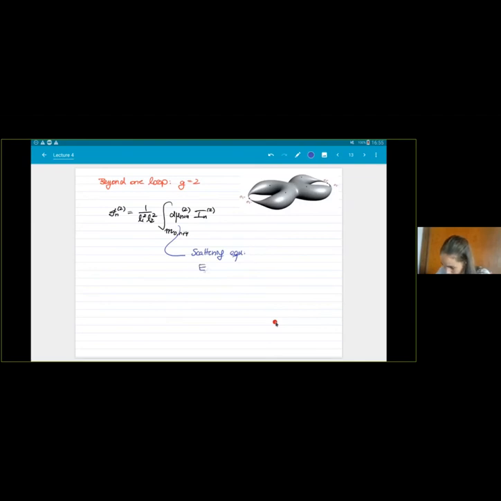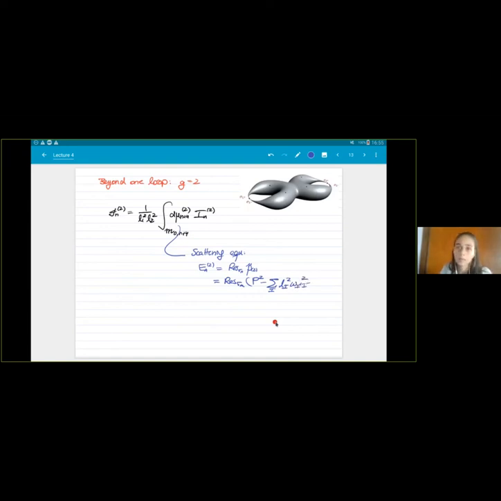I want E_A at 2 loops to be the residues at sigma A of a P2 that is now properly defined. Sorry, this will not fit. Properly defined as follows. We still have the P square minus the sum over I of L_I square omega I plus I minus square.